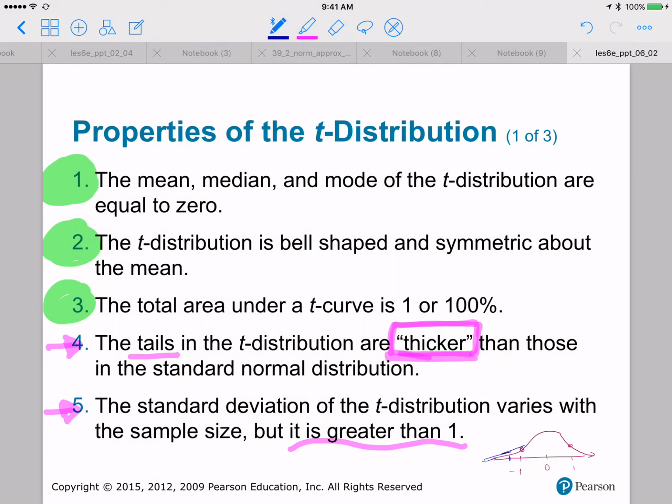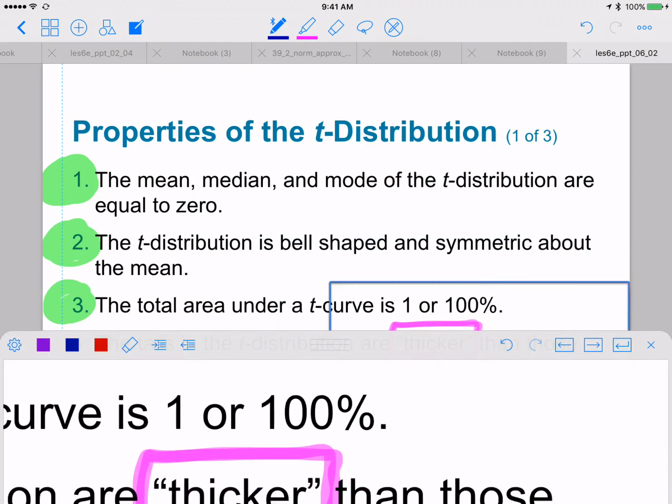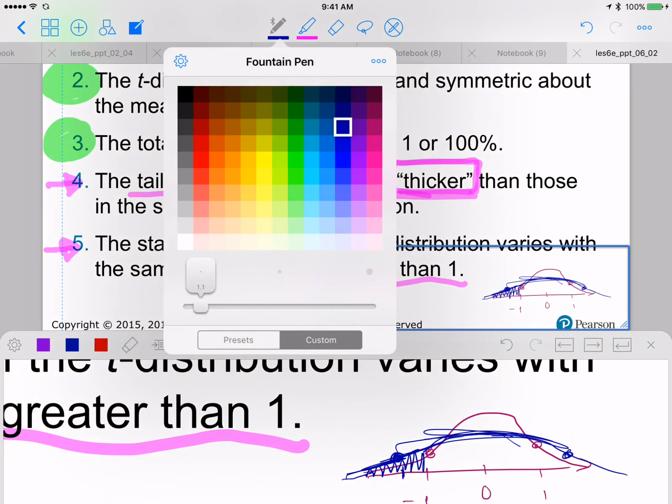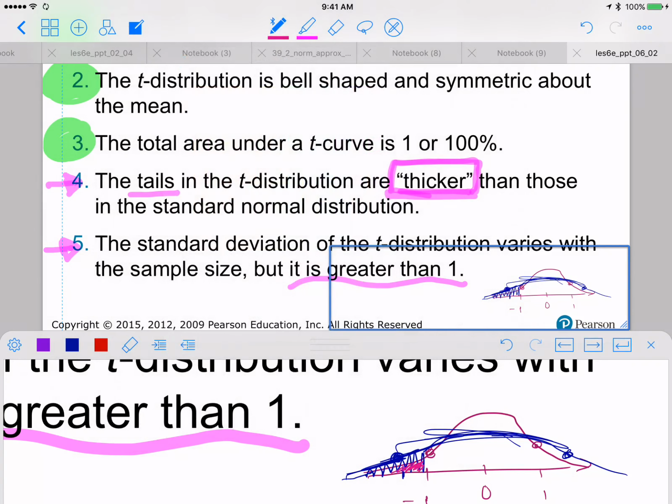So in order to still have your area under the curve equal to 1 and your inflection points further away from the mean, you're going to end up with a flatter curve, and you're going to end up with thicker tails. Let's see if we can highlight this. See how the tail here is thicker than the tail for the normal distribution.